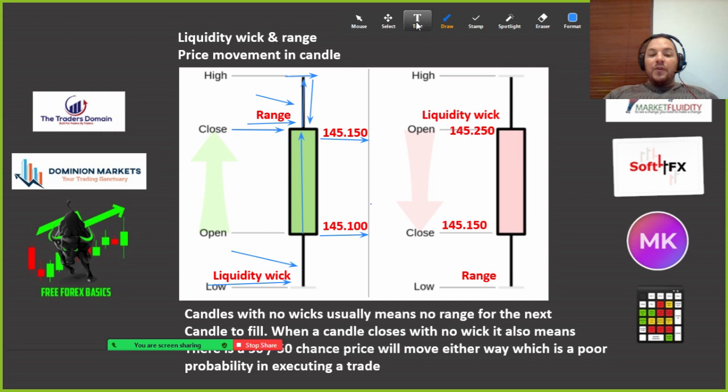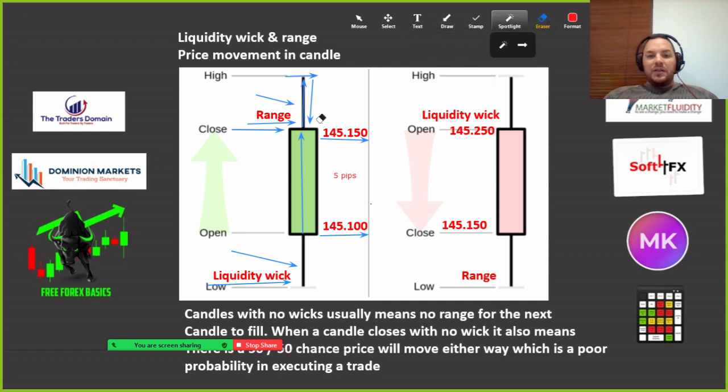And before I move on, I just want to teach you a little bit on the pip side. So if price went from 145.100 to 145.150, we actually call this 5 pips.